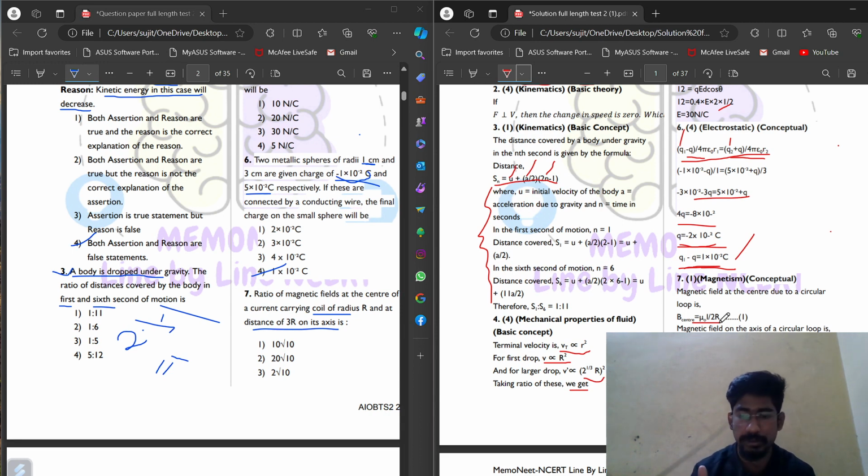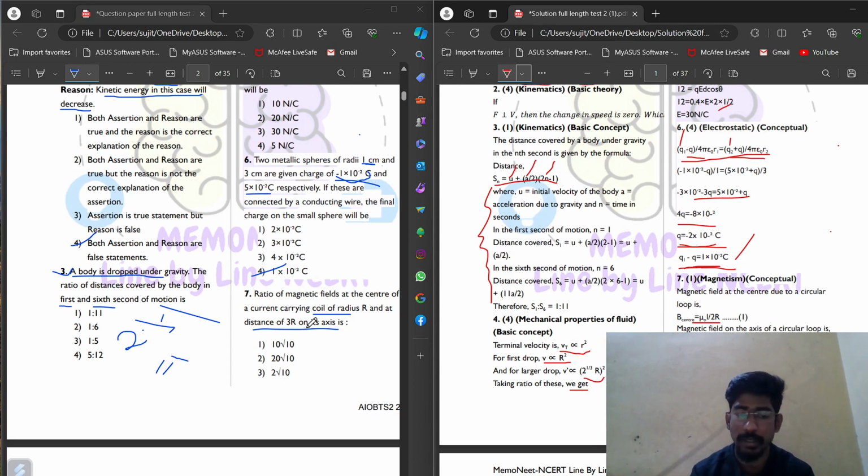And if a certain angle is given, the formula will be mu naught n I by 2r into theta by 2 pi, where theta is the angle made with the center.